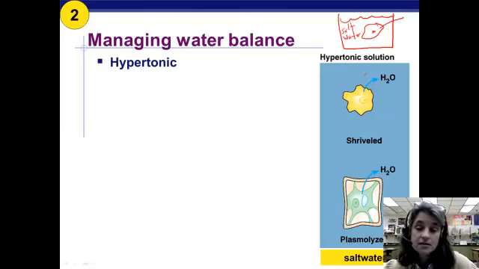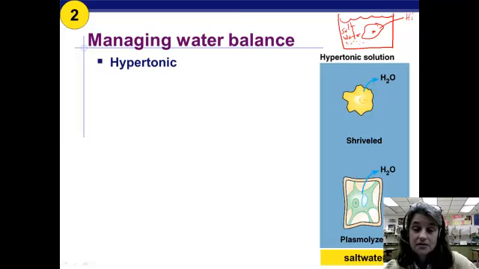It's got lots of solute in it, but it's got less solute than, say, ocean water. So the concentration of water this time is higher in the cell because we have even more solute out here in the environment.